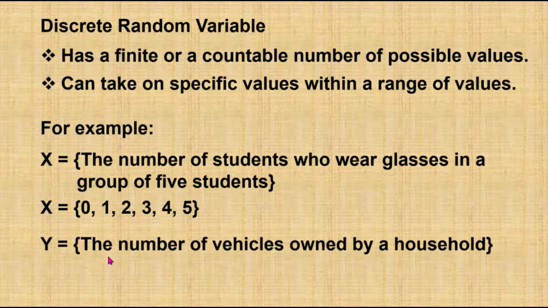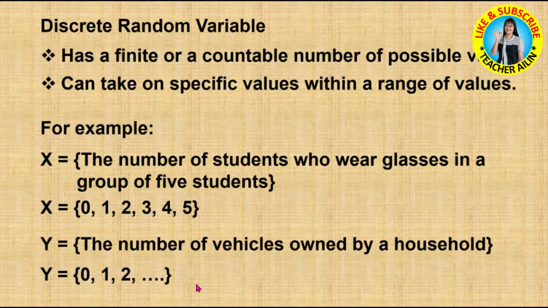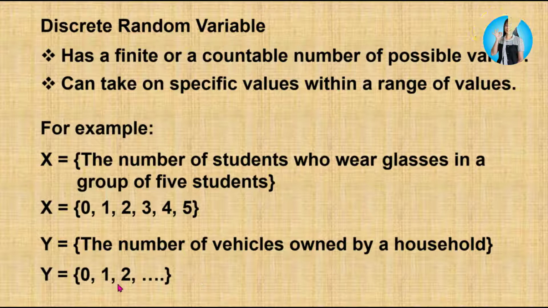Next, if y represents the number of vehicles owned by a household, maybe no vehicles owned, maybe 1 or maybe 2, and so on. So y can only take on an integer but not 1.4, 2.3, and so on.